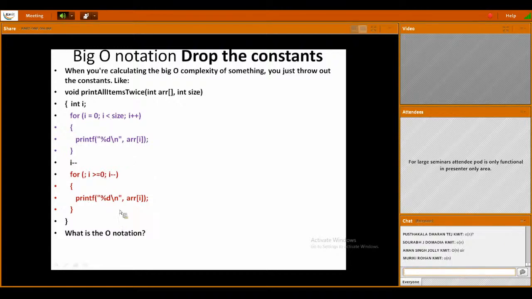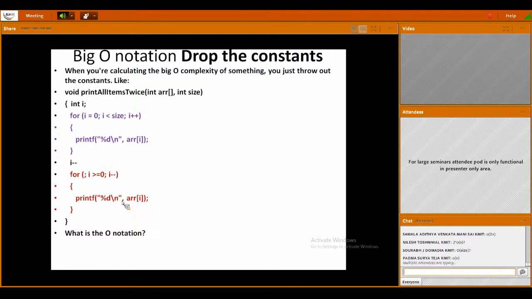This loop is running size times. Any variation? I'm waiting for some more. Upadhyay is saying 2n. Ashit Sai, 2n. Bhavana, 2n. I'm not getting an answer from Meghna Desai. It looks like she doesn't want to answer.